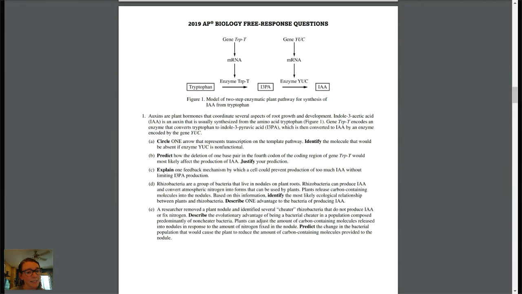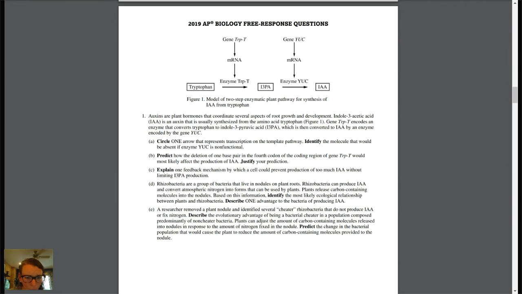All right, part B: predict how the deletion of one base pair in the 4th codon of the coding region of gene TRPT would most likely affect the production of IAA, and justify. So your prediction should have been something to do with a frameshift mutation, or you could have explained a frameshift mutation by saying that all the amino acids after this deletion would change. Either of those would be fine for your prediction.